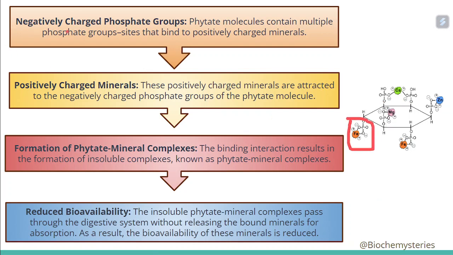These phosphate groups attract the positively charged mineral ions, and this is the way they form the mineral-phytic acid complex, and this complex leads to formation of salts, as a result of which there is reduced bioavailability of the minerals in the complex. So this is how it works.